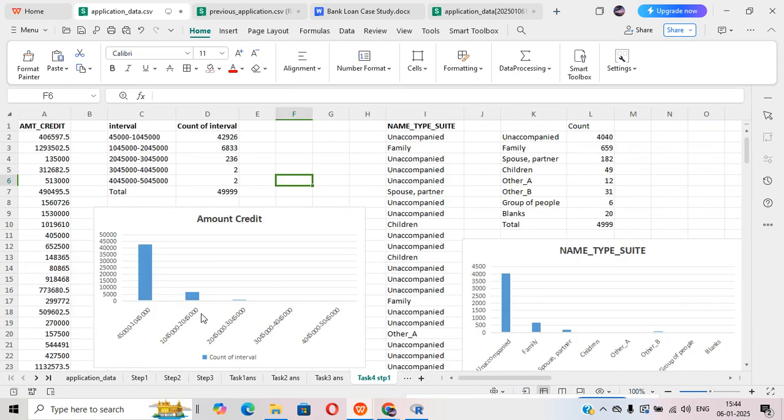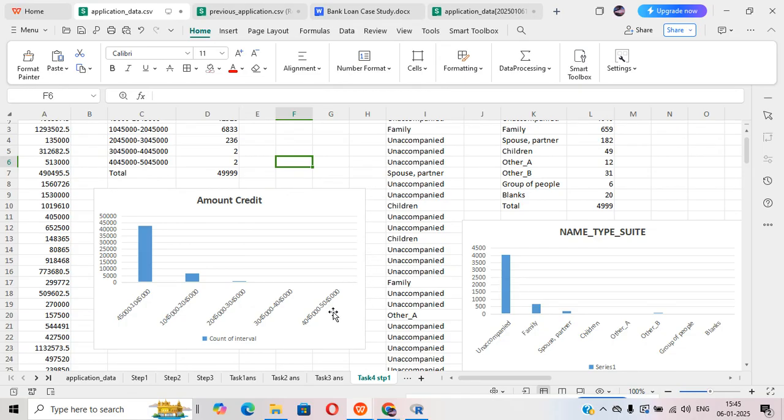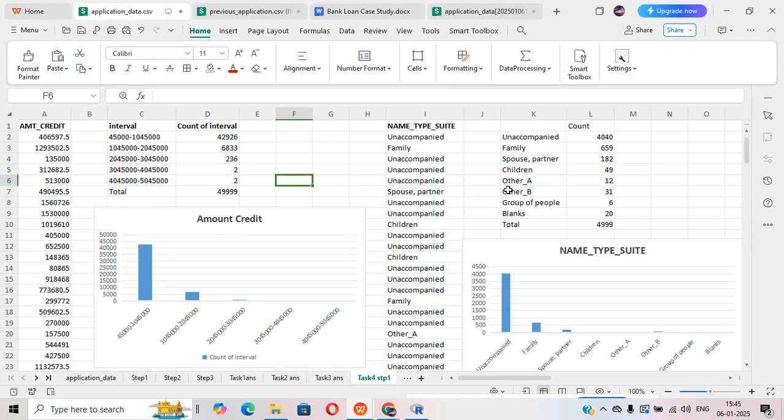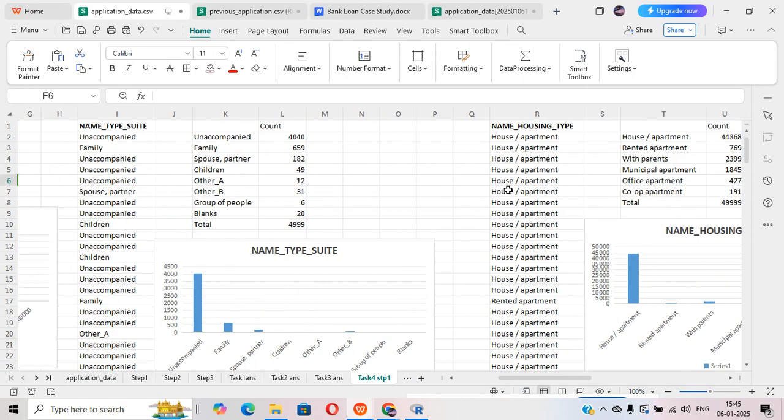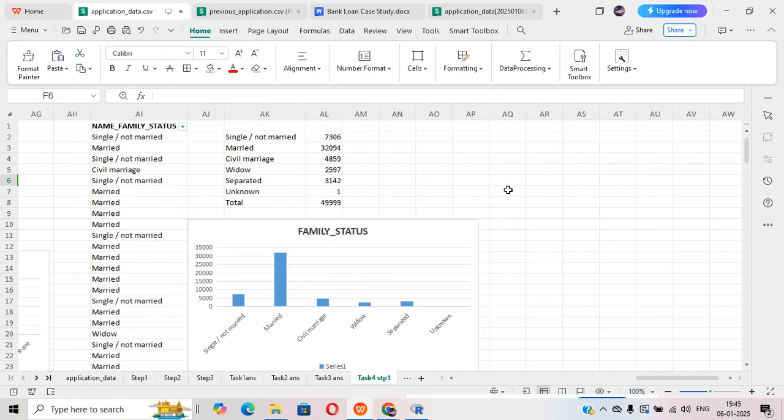I have taken AMT credit and taken some intervals like this, 45,000 to 10,45,000. These are the intervals I have chosen and counted the values further and got the column chart for this. The same way I have taken for name type, name housing type, name income type, and name family status.